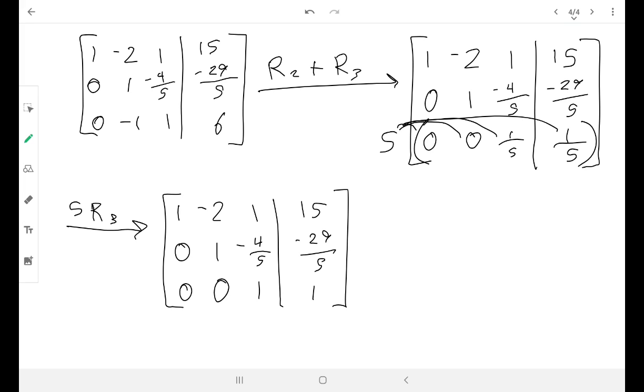The way I'm going to do more with it is I'm going to use what I've got in row 3 to get a 0 in row 2. I'm going to have to copy this down on separate paper again so I can put it on a new board, so bear with me just a moment.